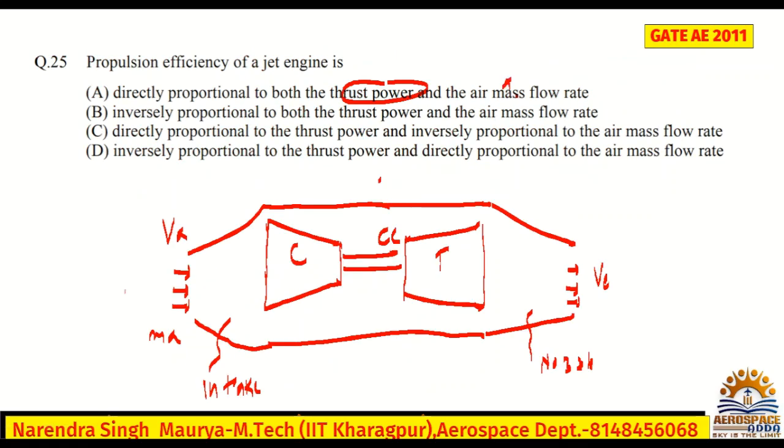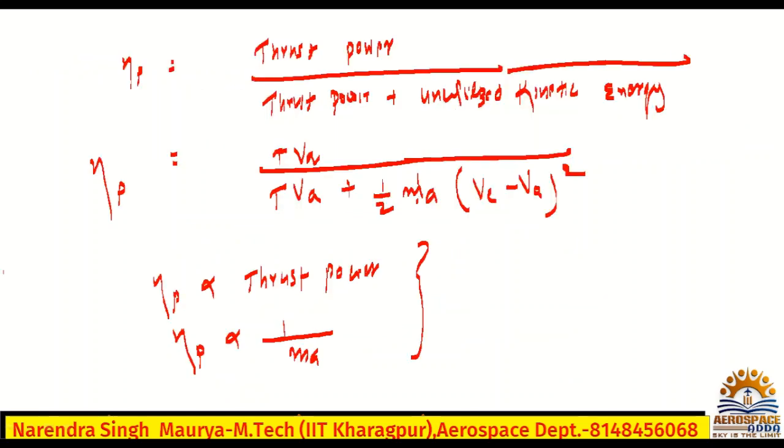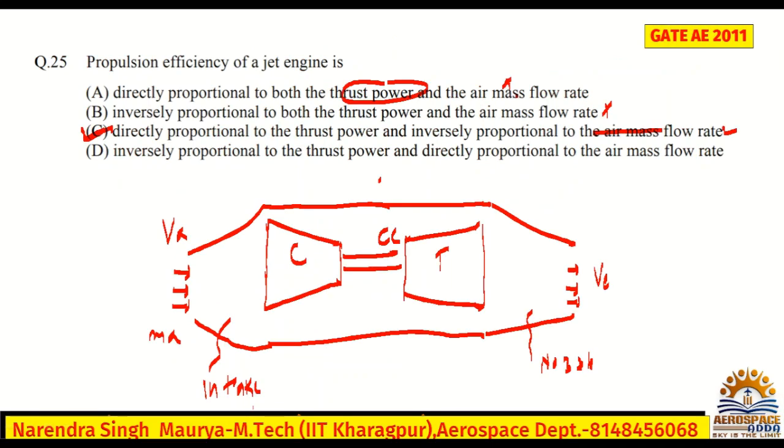This is wrong. Inversely proportional to both thrust power and air mass flow rate is also not correct. Directly proportional to thrust power and inversely proportional to mass flow is correct. So the correct answer is option C. Hope you understood this.